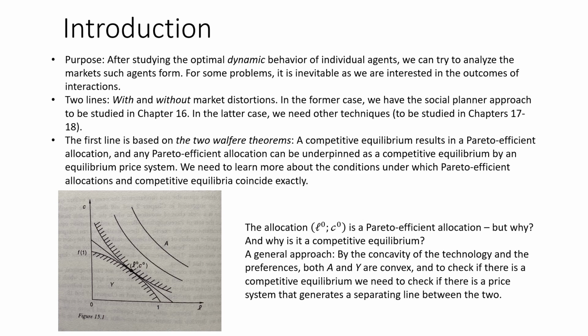In this case, the Pareto-efficient allocation can be a competitive equilibrium because there is a price system that defines a line, a hyperplane in higher dimensions. It defines a line between the two convex sets. The convexity of the sets is no problem because both the technology and the preferences are concave. So the sets on the basis of the technology and on the basis of the preferences must be convex.